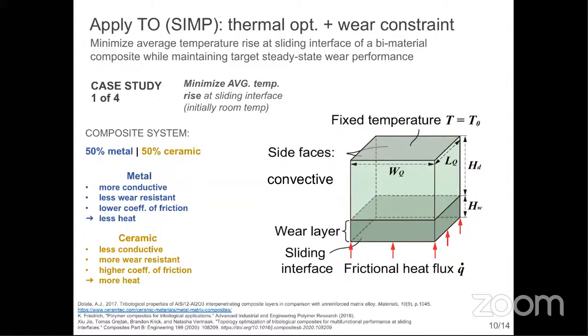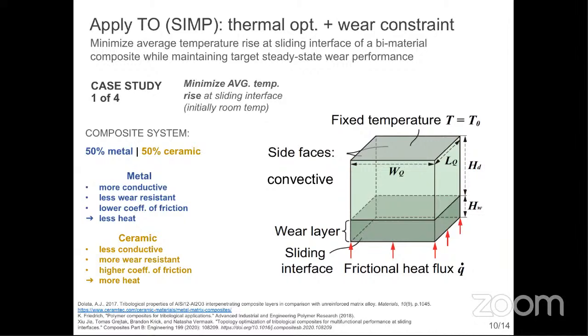In the wear layer, the material distribution is forced to be the same as whatever is decided at the sliding interface through the thickness. The area fraction at the sliding interface is also 50-50 for metal and ceramic. There is no pre-assumption of the material arrangement or distribution at the sliding interface. We're only fixing the surface area fraction in order to ensure an acceptable target steady state wear performance.